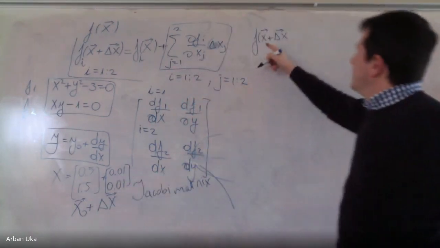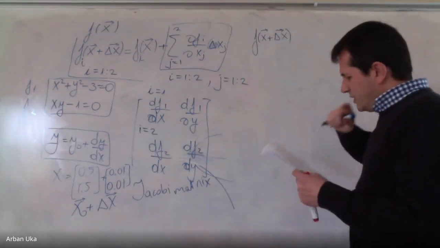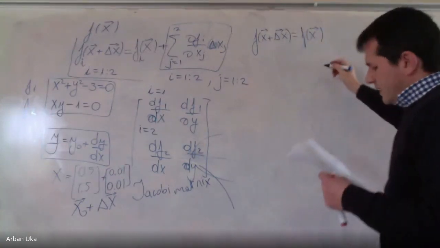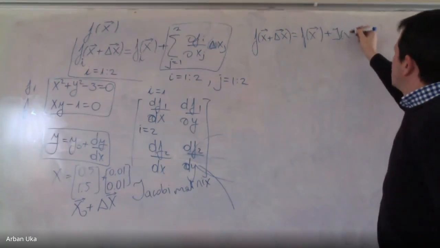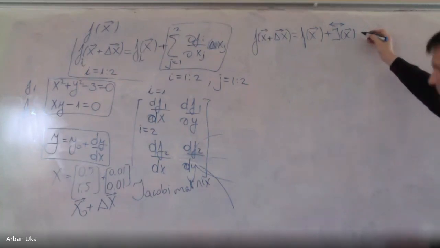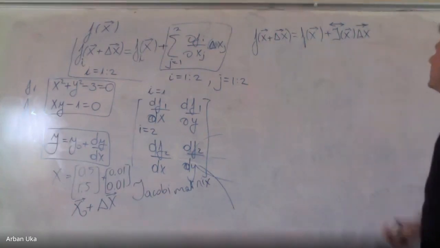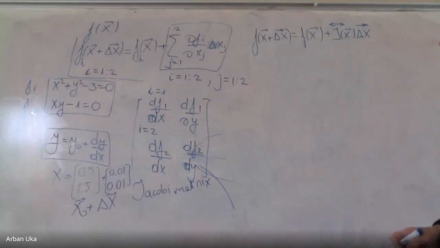Okay? And here we write the following. We say f of x plus delta x will be equal to f of x as a vector plus the Jacobi matrix here, and this is a matrix. It looks like this, times delta x. Delta x is a vector.